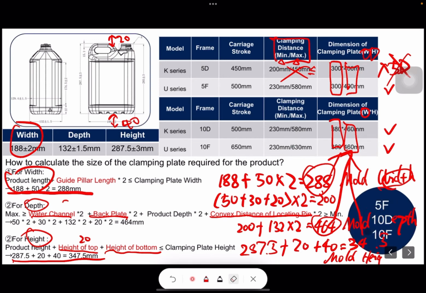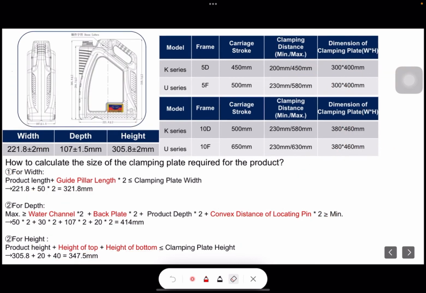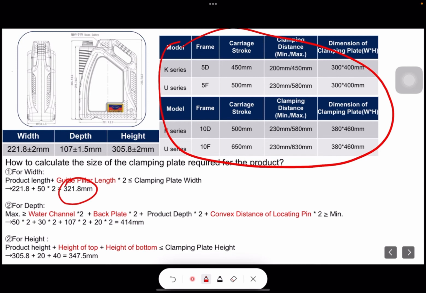Here, 5F, 10D, 10F. And for the rest of the products, we will calculate all the same as we did just now. After we load in the formula and the data we need, we can calculate them and match them with the frame I listed up here. All you need to do is match them. 321, this one, no, this one, no, and only this one and this one match up. So 10D, 10F.